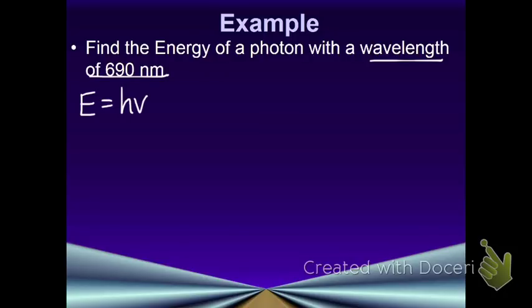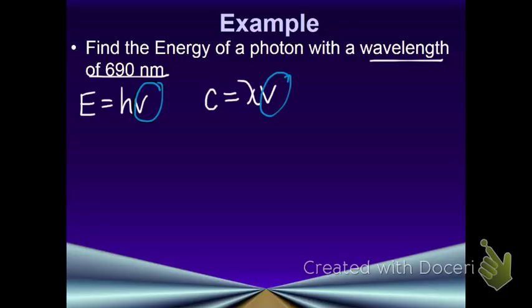I have the only other equation that has the speed of light, wavelength and frequency. And if you notice, what do they have in common? What they have in common is frequency.